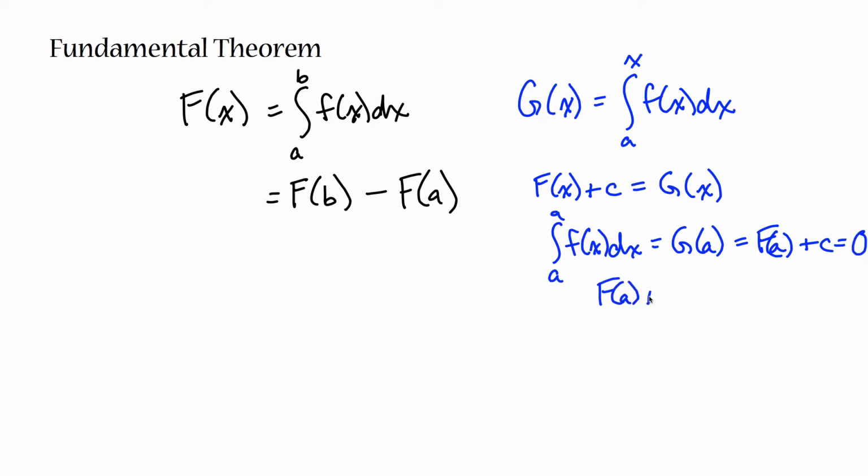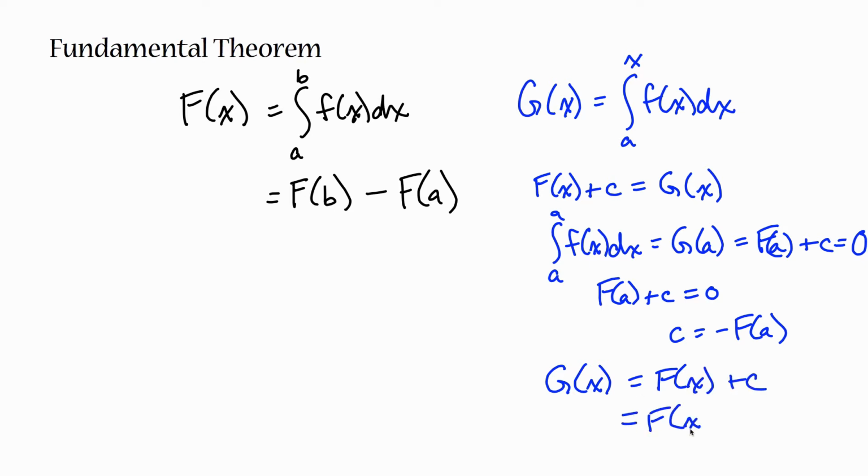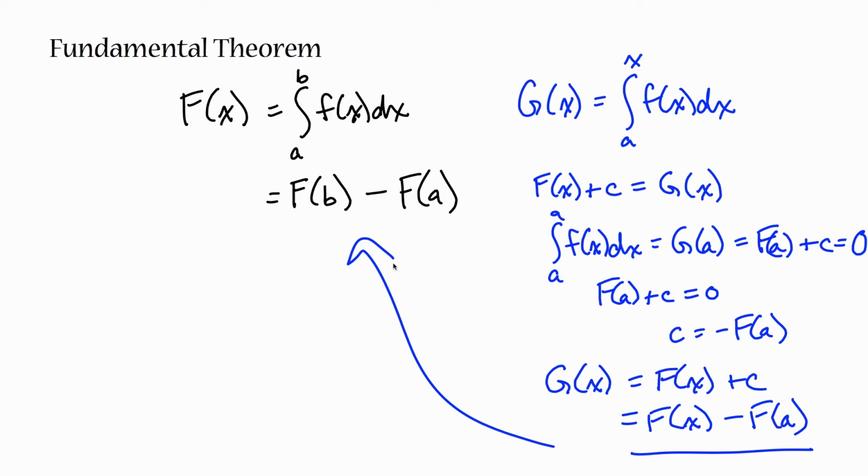So if f of a plus c is equal to 0, then c is equal to negative f of a, which we can go back to the very beginning and say if g of x is equal to f of x plus c, then it's equal to f of x minus f of a, which looks a whole lot like this if we replace x with b.